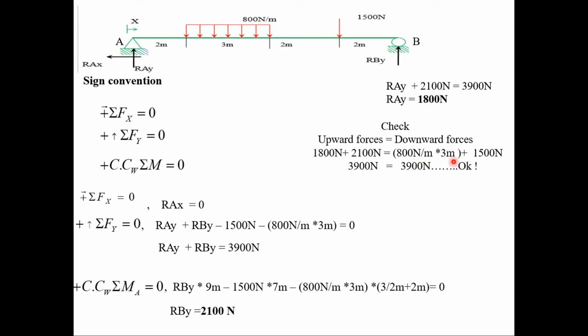So upward forces are balanced by downward forces. We have obtained RAY by substituting RBY into the previous equation, and RAY is 1800 Newton.